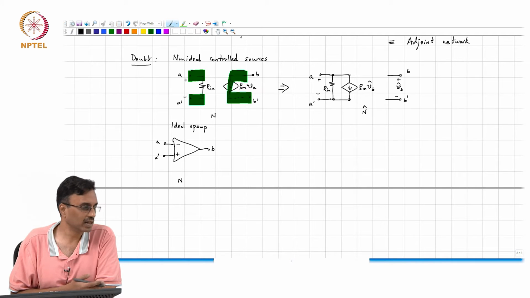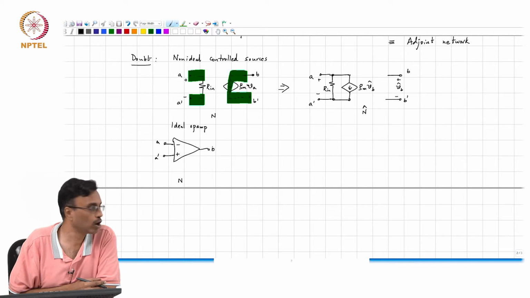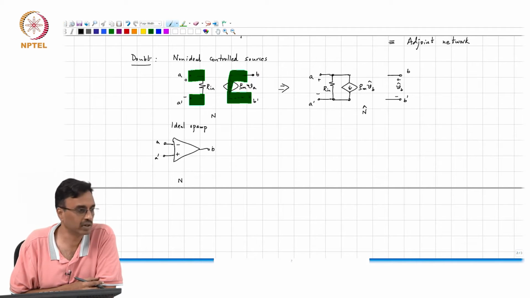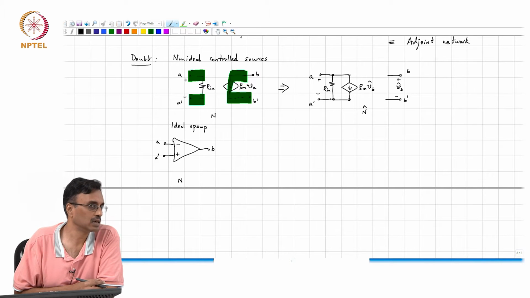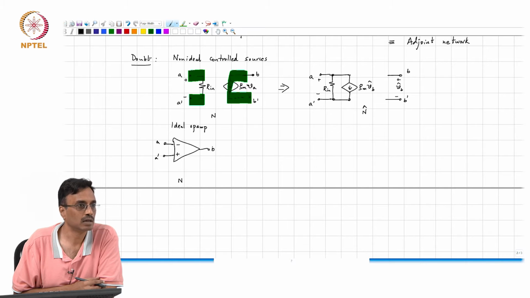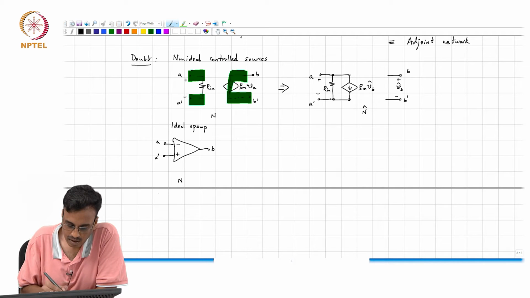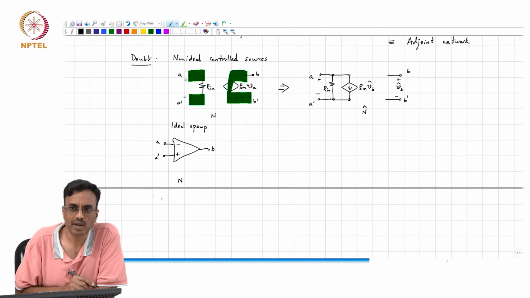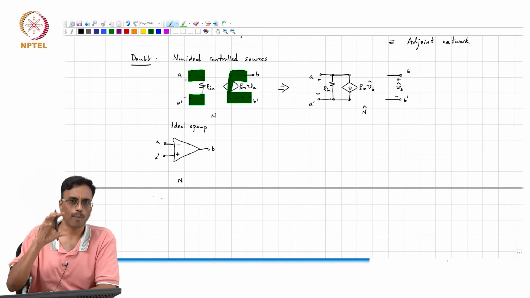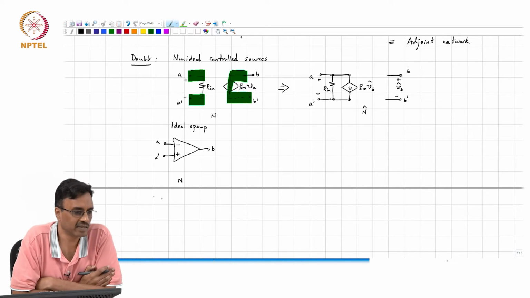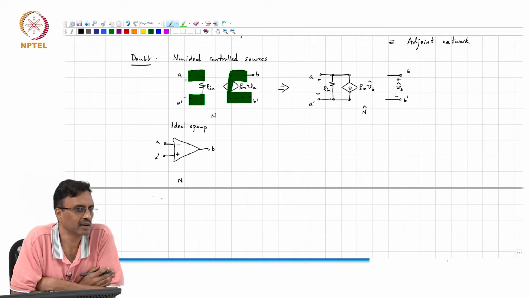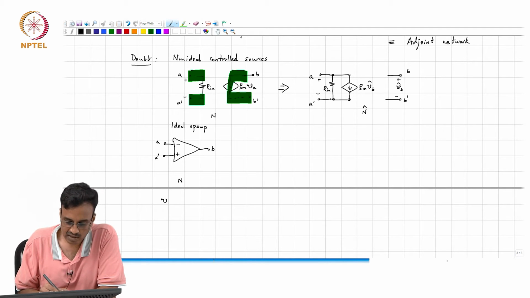The gain is infinite, yeah, of course, but when you embed an ideal op amp inside a circuit, what comment can we make about the terminal voltages and currents? So basically, yes, anybody else? If you have an ideal op amp embedded inside a circuit, what do you do when you analyze the circuit? So what constraints does the ideal op amp put?